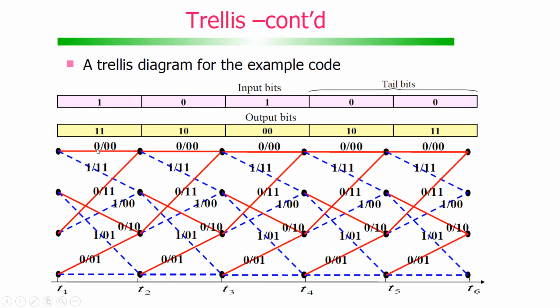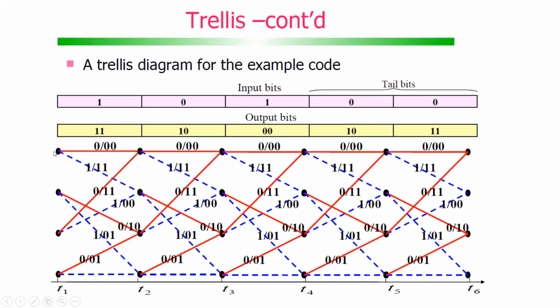In this slide, I am representing it with a bold line and also a colored line. You can use both if you have two colored pens, but that does not make any difference. Either you can put a bold line for an input bit of 0, and a dotted line for an input bit of 1.